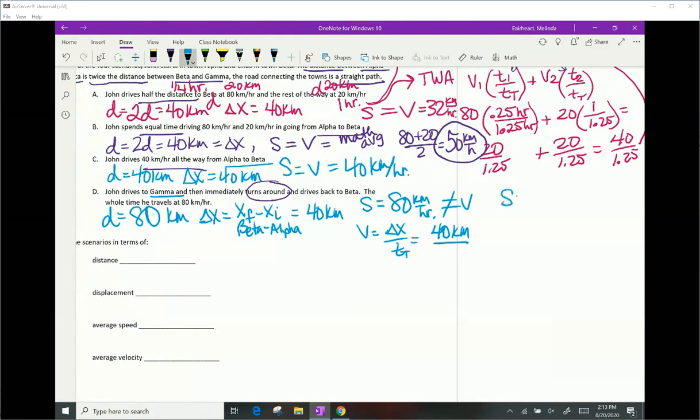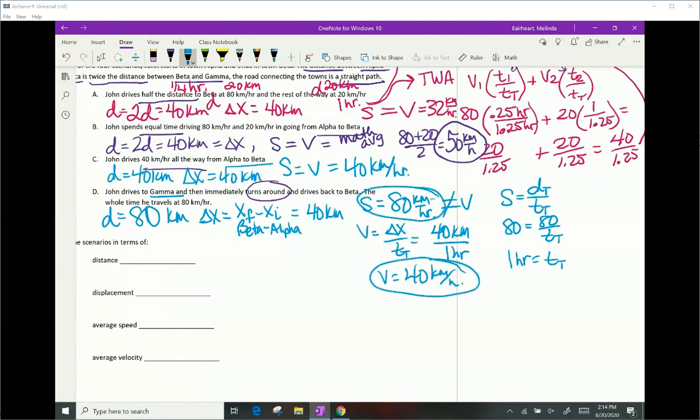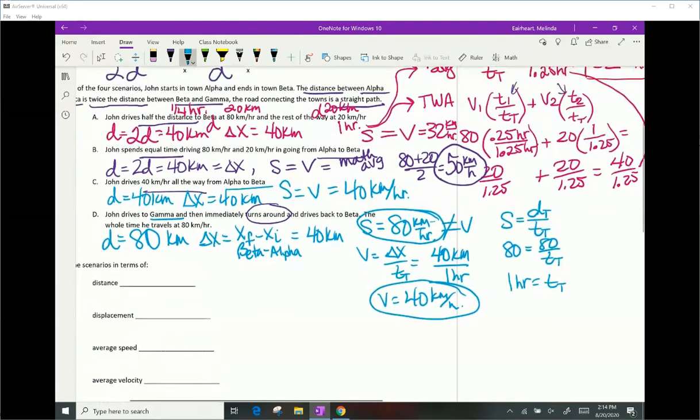And so I can use the speed as distance over time. 80 equals 80 over time. So total time would be 1 hour here. And so in 1 hour, our velocity is 40 kilometers per hour. So those are different.